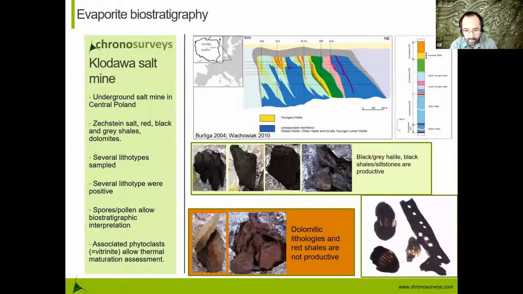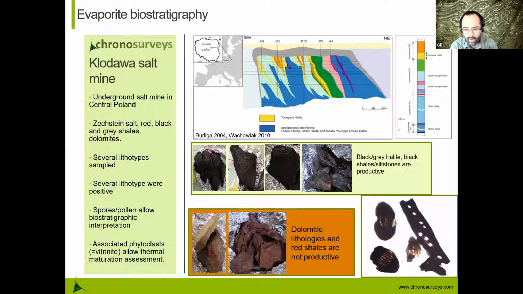The other samples were productive, so black and gray halites, black shales and siltstones were productive. In this case, the salt was affected by igneous activity, so the organic matter looks very, very dark. These are the typical Permian spores, and here a phytoclast, a piece of wood, which was preserved.